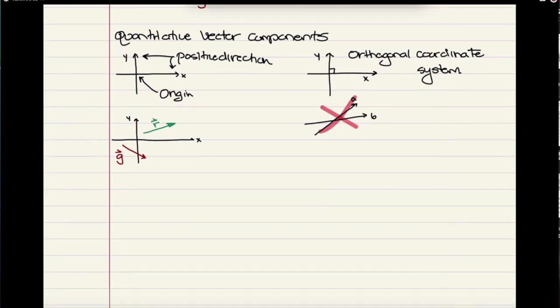How do we do that? To state, for example, these vectors r and g in this coordinate system, we can resolve the vectors into components.